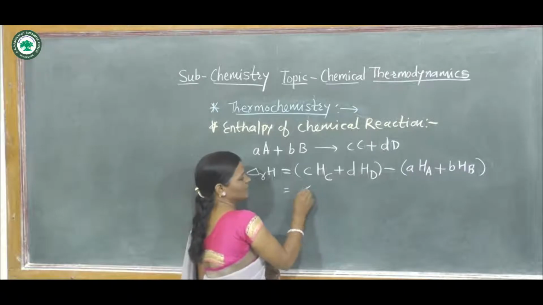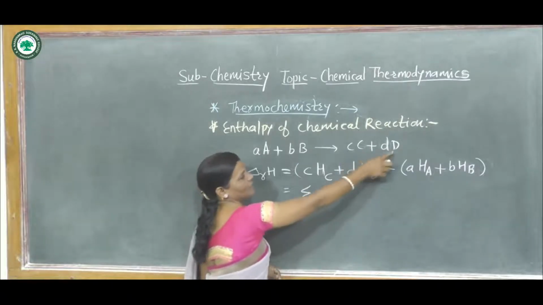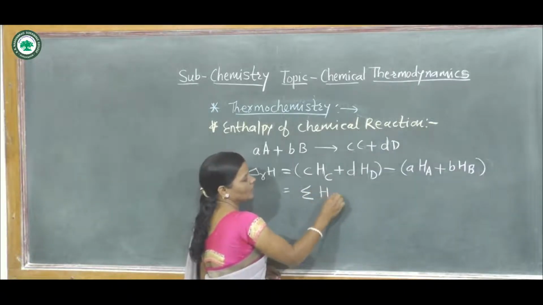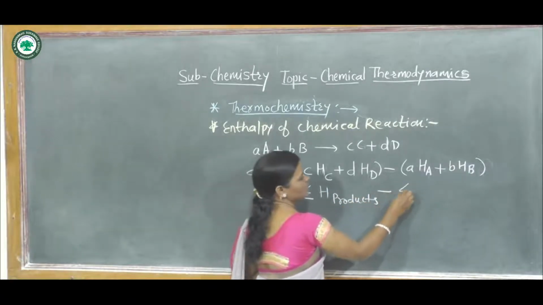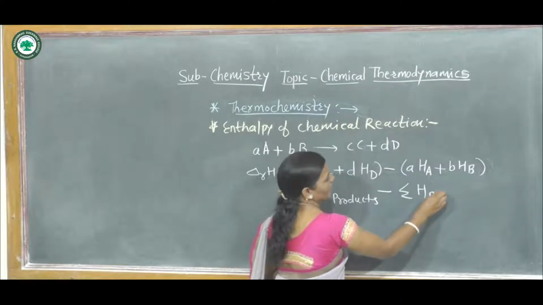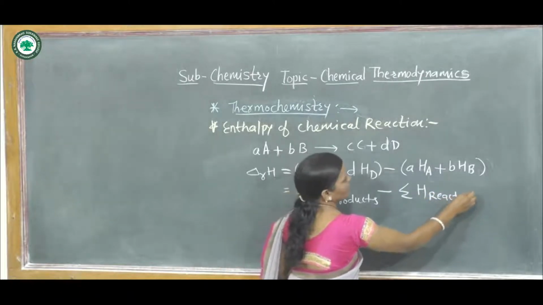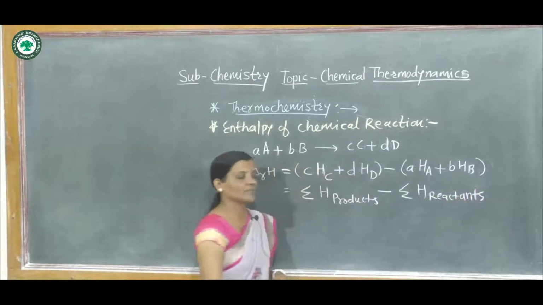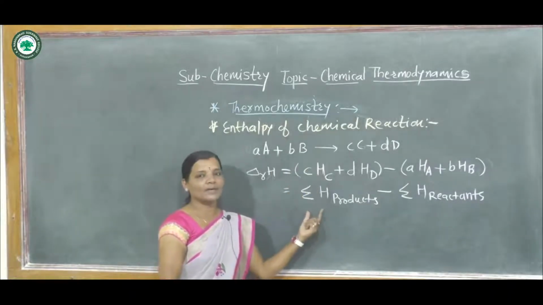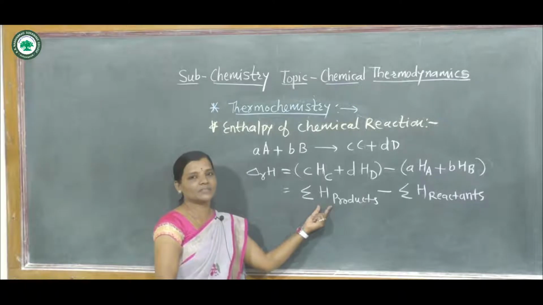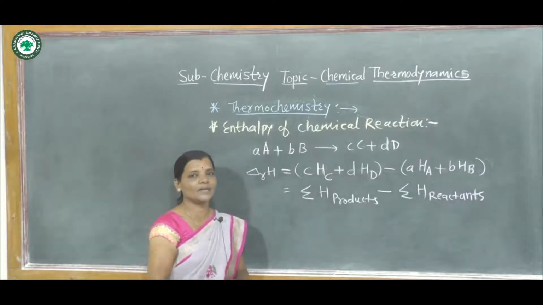or simply we can write the summation of enthalpies of products minus the summation of enthalpies of reactants. And here we can define enthalpy of chemical reaction from this equation. Now what is that enthalpy of chemical reaction?